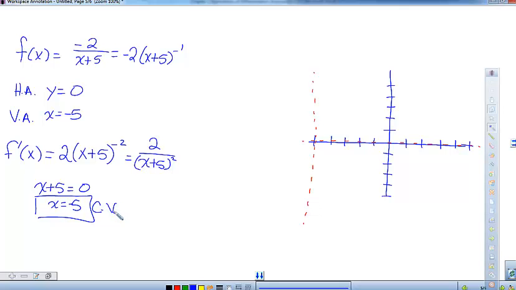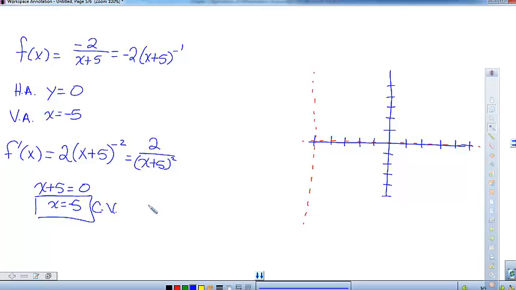Okay, which makes sense because since we've got an asymptote there, that kind of separates the graph altogether. That's the potential place where it could change from increasing to decreasing. Does that make sense? So we need to check and see what's going on. So let's set up our intervals.